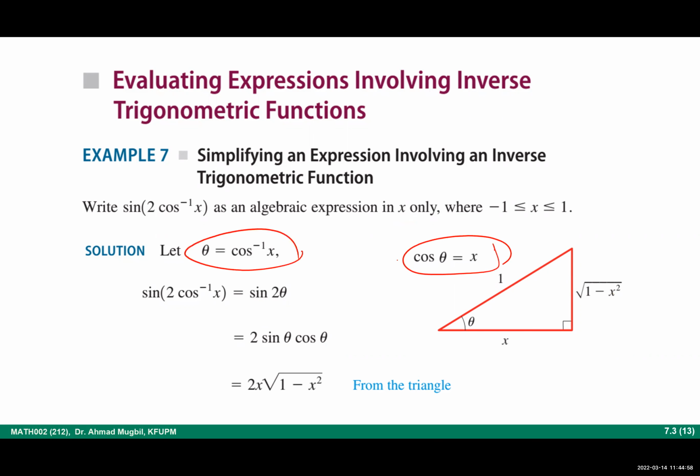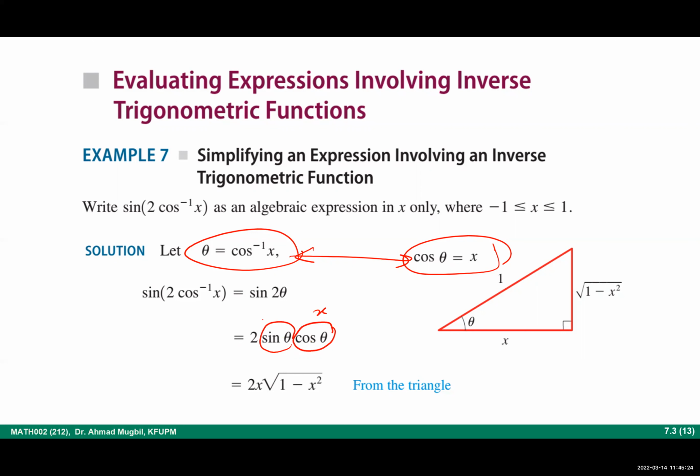In 2 sine theta cosine theta, instead of cosine theta I put x. Sine theta is the square root of 1 minus cosine squared. You can use the Pythagorean identity. No need to use a triangle. Did you get the point, Muhammad?